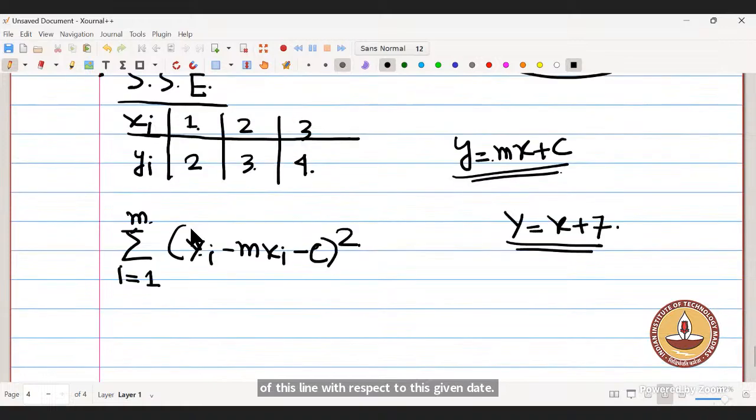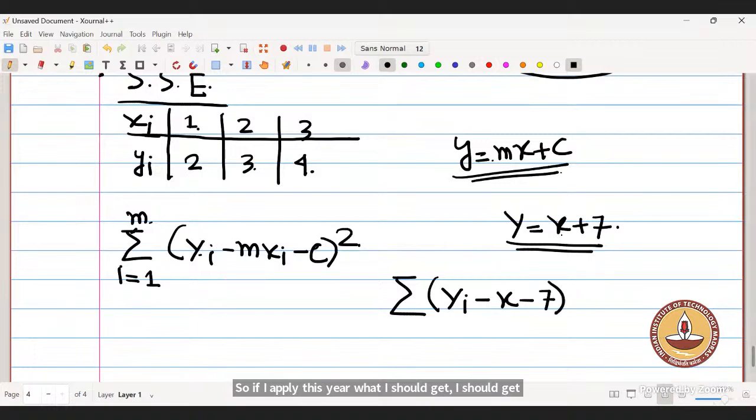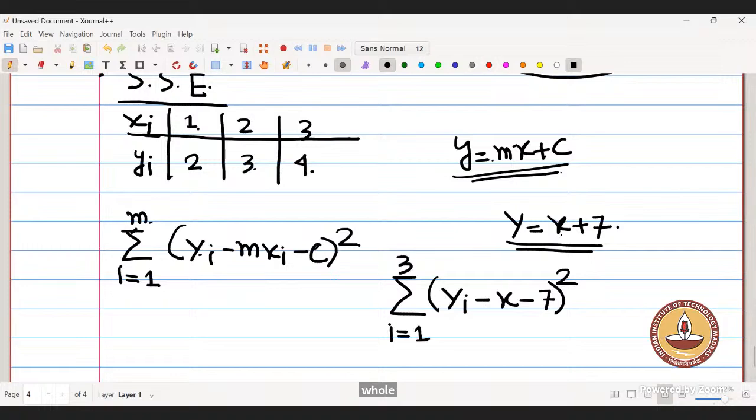So first, what do we need to do? What is y1? If I apply this here, what I should get: summation of yi minus x minus 7 whole square from i equal to 1 to 3, right?